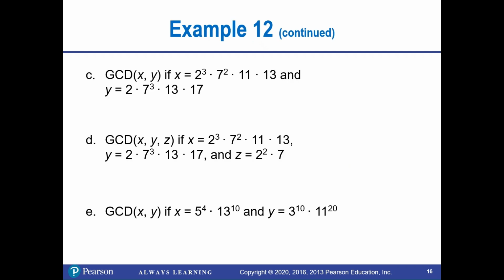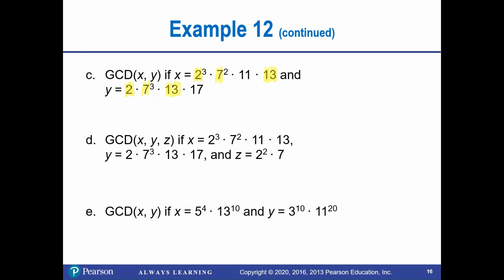Let's consider the greatest common divisor of x and y if we know that x's prime factorization is 2 cubed times 7 squared times 11 times 13, and y's prime factorization is 2 times 7 cubed times 13 times 17. So looking for the greatest common divisor, I want to find first those prime factors that x and y share in common. So they both share 2, they both share 7, and they both share 13.